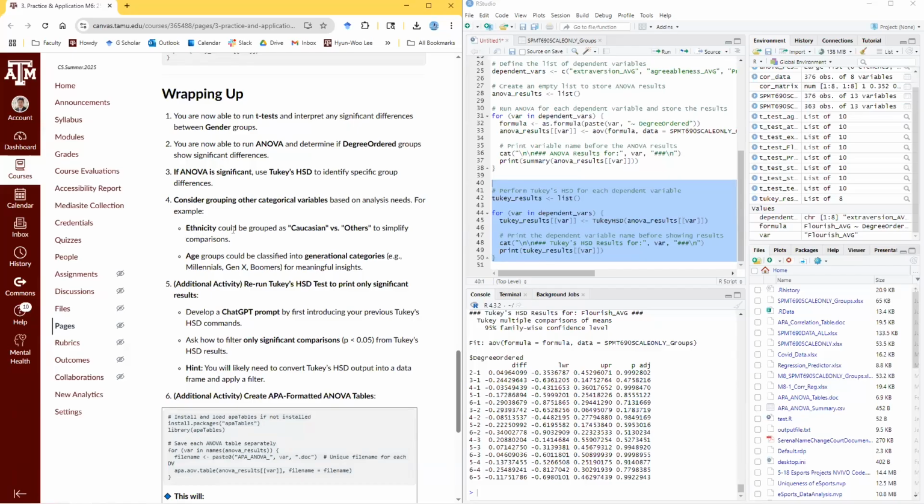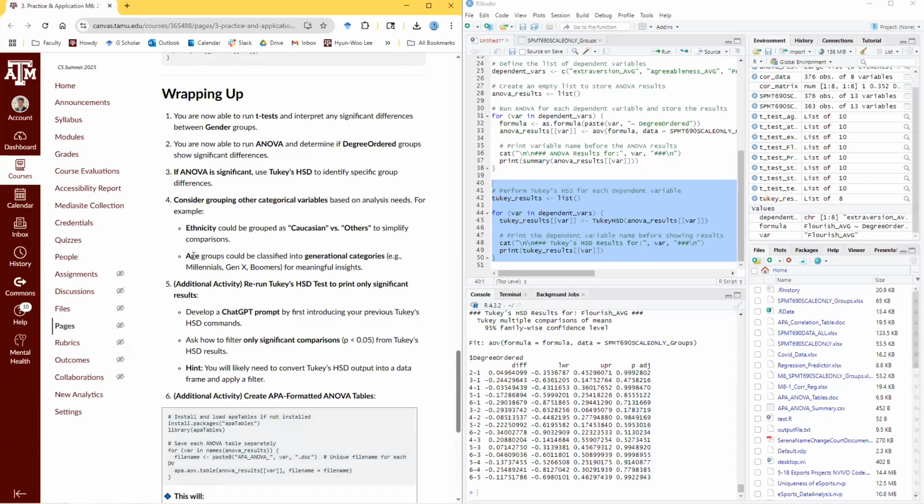So you could code ethnicities as you want, because we have lots of Caucasian in our sample, and all other groups are relatively low in numbers. So we might just group all the other groups into others and compare two groups. If we create that, we could run a t-test for ethnicity, Caucasian versus others.